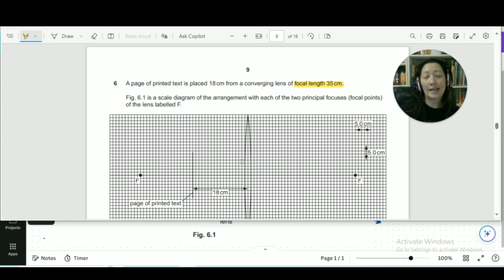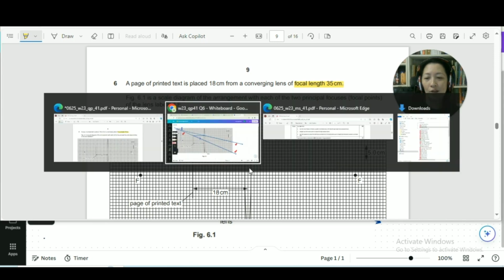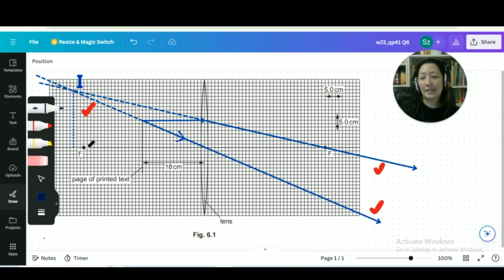This means that the distance of the principal focus F from the center of the lens is 35 cm. So I'm just going to count from F to where the image is formed. You can see that there are 3 squares. 1, 2, 3. So that gives us a total of 38 cm as the distance of the image from the center of the lens.